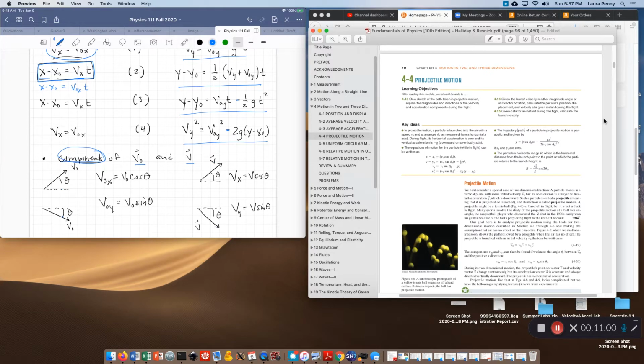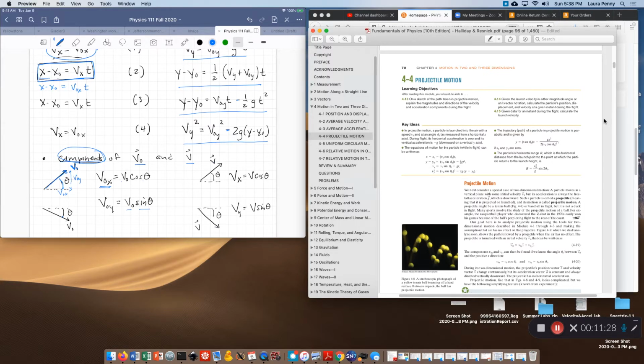So say I shoot something up at an angle, like v naught, at some angle theta. Then v naught x would be this part of it, so I'd say v naught times the cosine of that, and v naught y would be v naught times the sine of that angle.